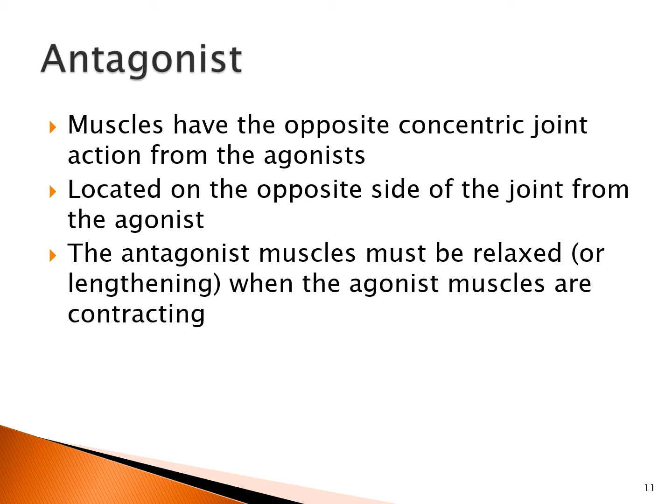So that's its antagonist. Again, generally located on the opposite side of the joint, and antagonist muscles must be relaxed or lengthening when an agonist muscle is contracting. And this makes sense if you think about it: if they have opposite actions, you need to have one side shortening and one side lengthening in order for joint movement to actually occur.